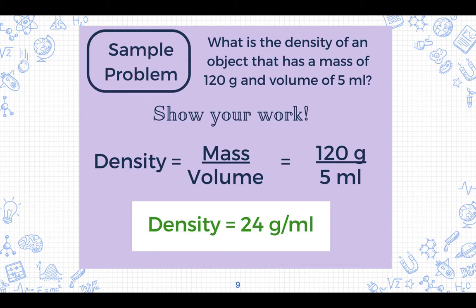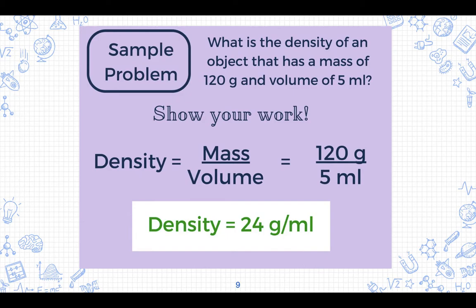And then we will look at a sample of this in just a second when we do our work through the water displacement of it. So with this slide, if I know that the mass of the object is 120 grams, the volume of the object is 5 milliliters, I would divide 120 by 5, and that would give me 24 grams per milliliter.